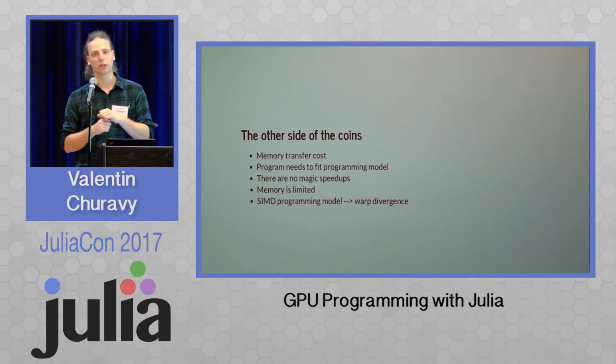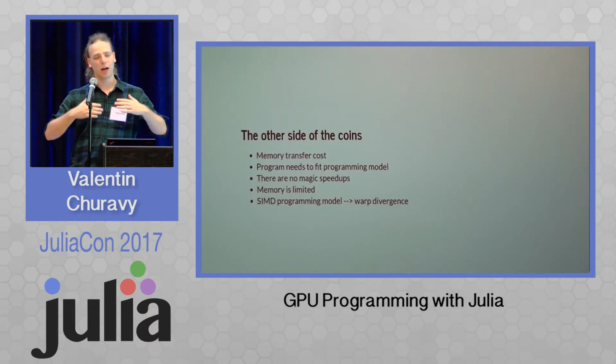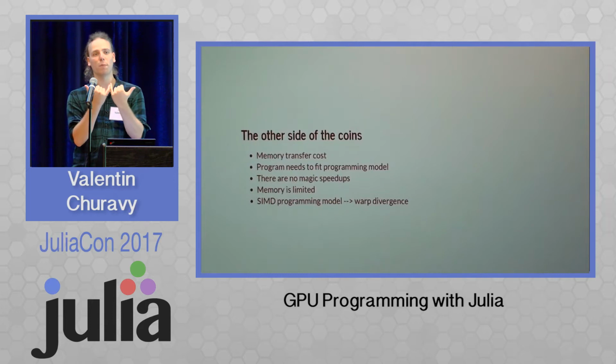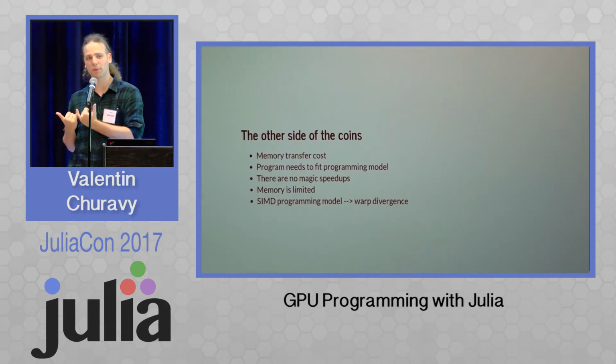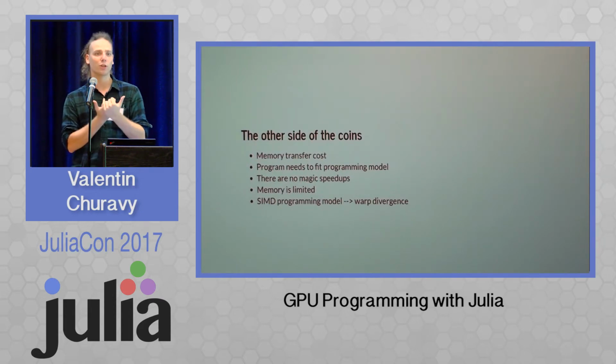But it's actually worse on a GPU, because a certain number of cores will operate in lockstep. And if one of them breaks out of lockstep because it needs to take a different branch, your warp will execute one side of the branch, and then it will execute the other side of the branch, and then it will merge both results. So you do twice the work always if you have a branch on a GPU.